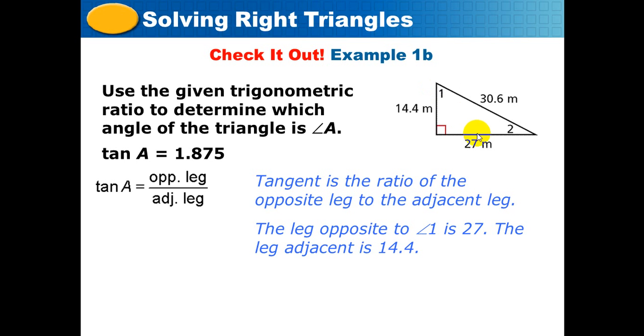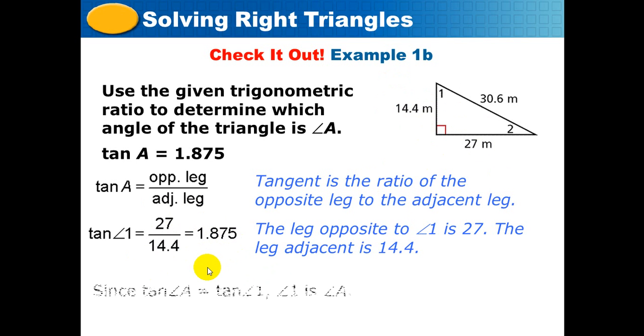The opposite to angle 1 is 27 and the adjacent is 14.4. So tan 1 equals 27 over 14.4, which equals 1.875. Since tan A equals tan 1, angle A is angle 1.